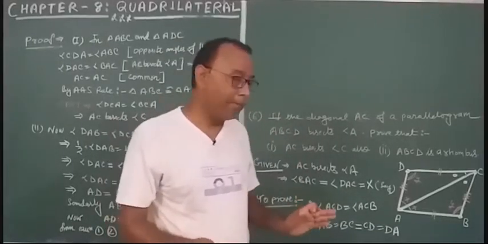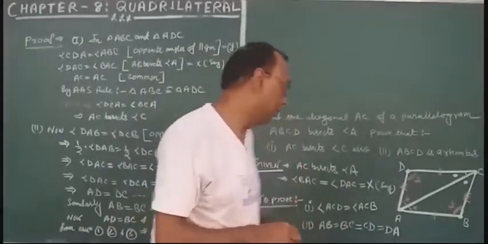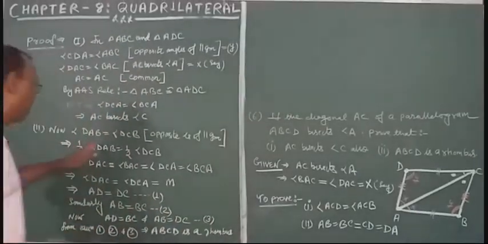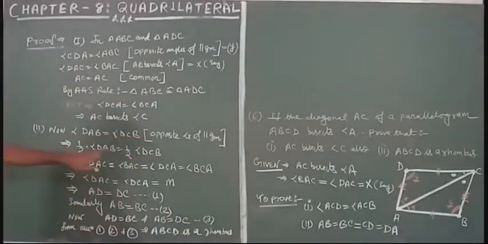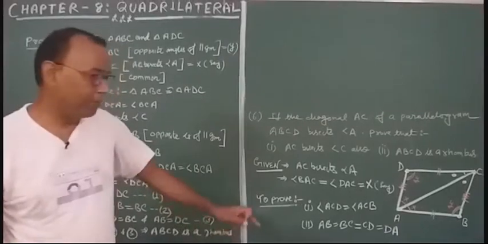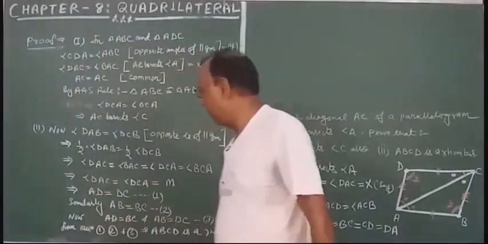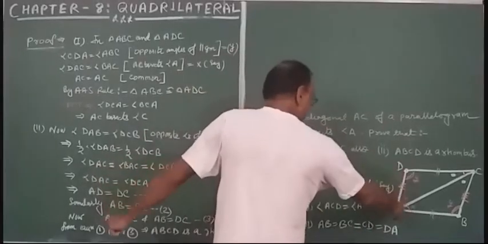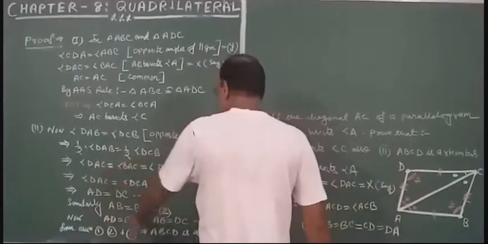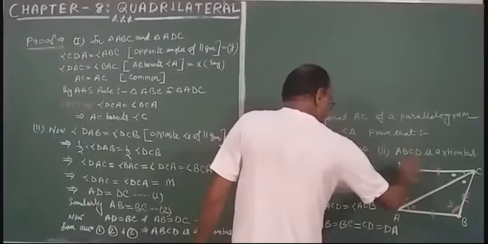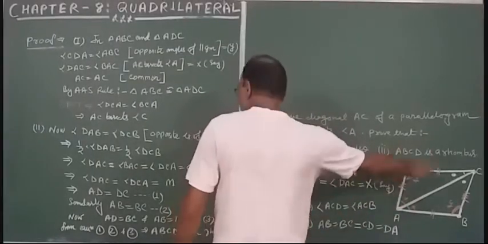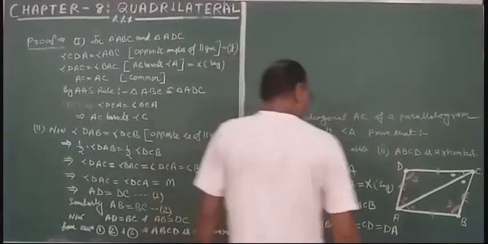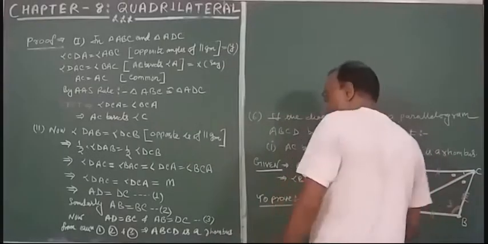Then their halves will also be equal. So half of angle DAB will be equal to half of angle DCB. So half of DAB is DAC, which is equal to angle BAC, equal to angle DCA, and equal to angle BCA.